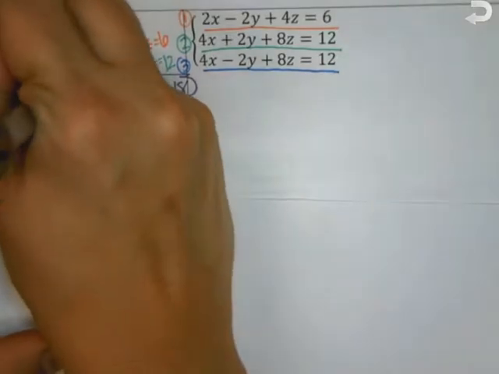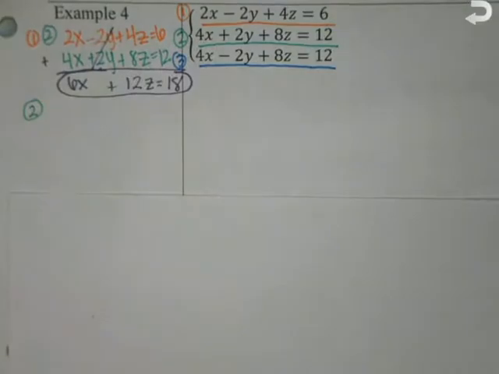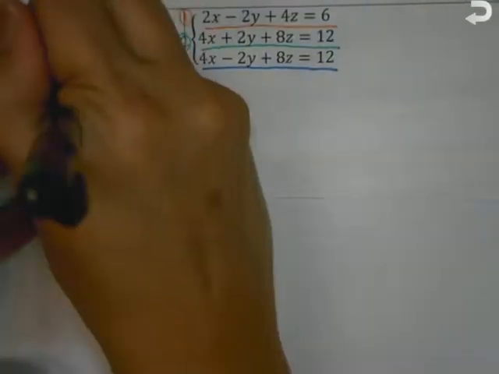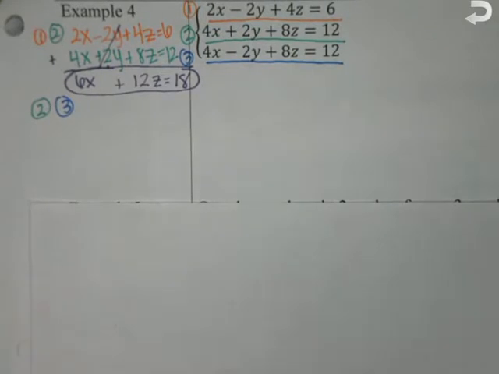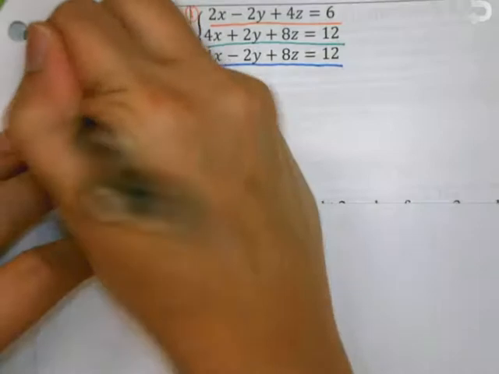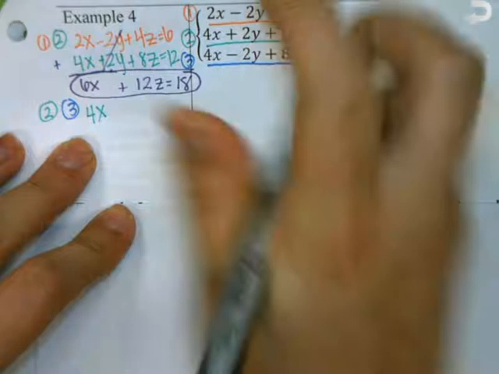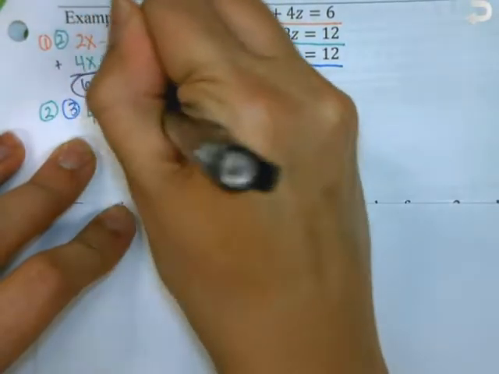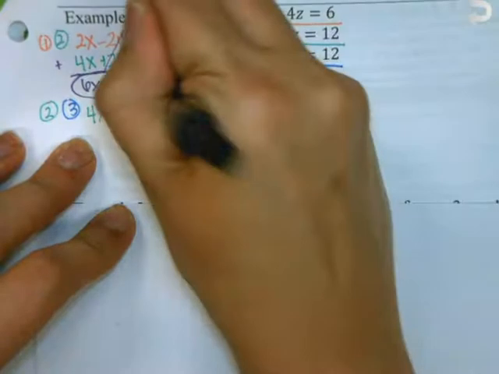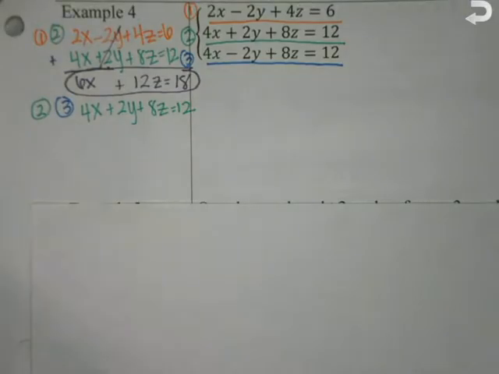Okay, so 2 is going to give me 4x plus 2y plus 8z equals 12. And 4x minus 2y plus 8z equals 12.